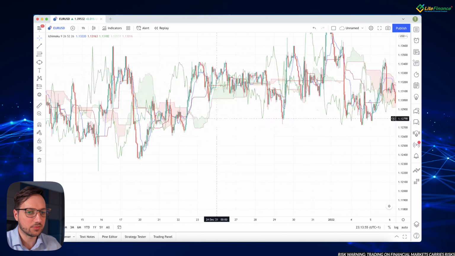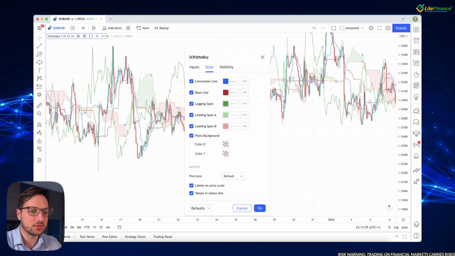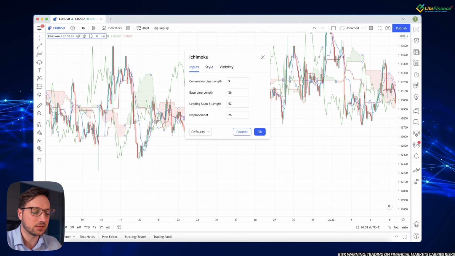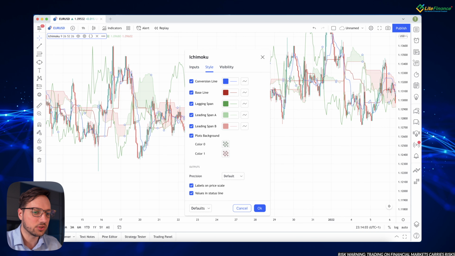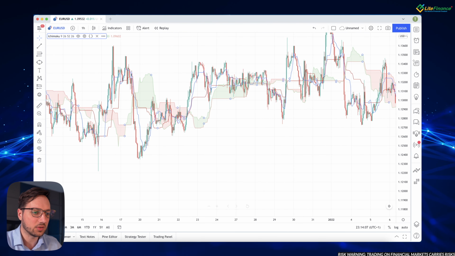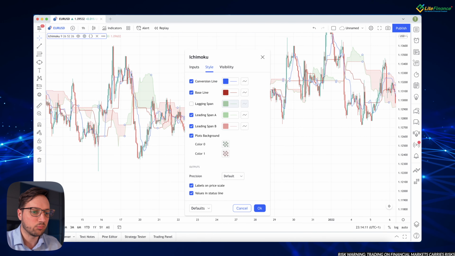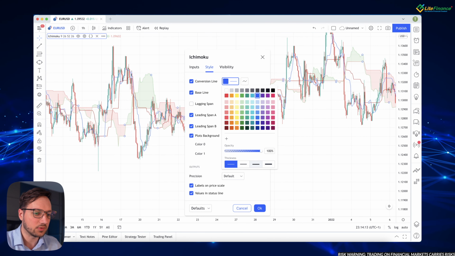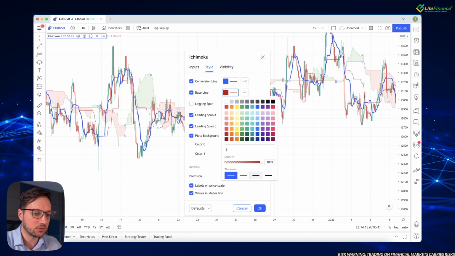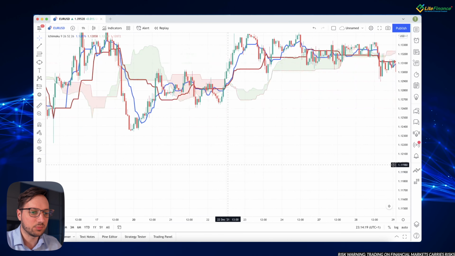Let's make it bigger and go to settings. We are not changing any of the analyzed periods. We will just delete the lagging span line because we will be using only the Kumo Cloud, baseline and conversion line, but we will also make them thicker in order for us to see them better.